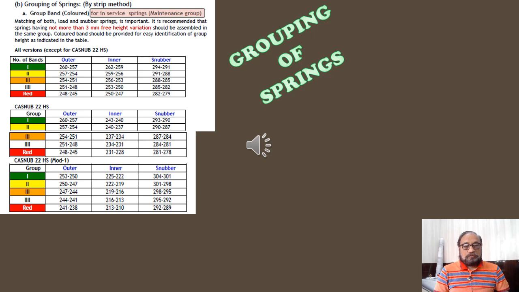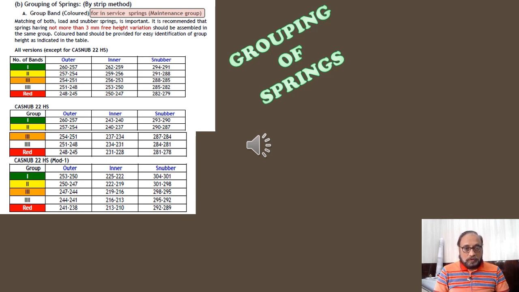There are two types of springs, one being the maintenance group of springs, which are normally turned during the service, and the other is when we get the new springs. So all these springs are grouped together according to the permissible variation in the height, and they are grouped accordingly.